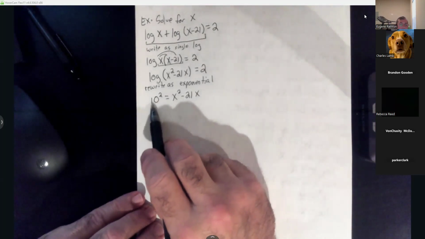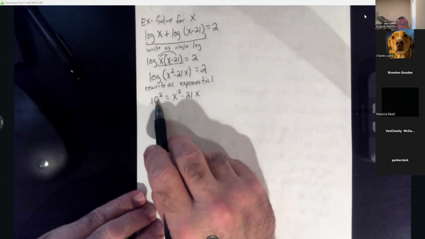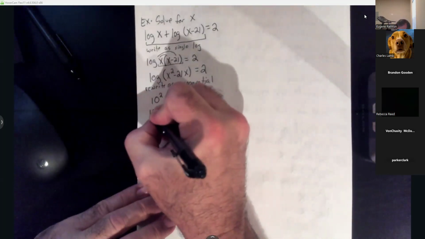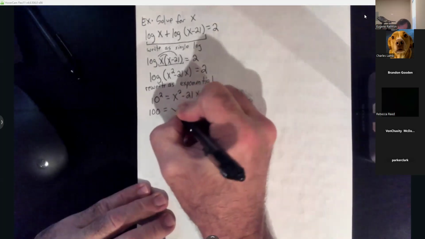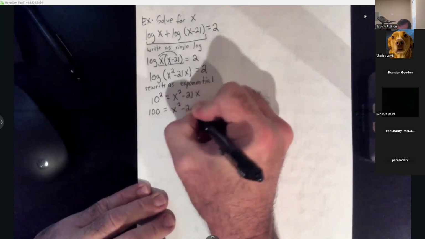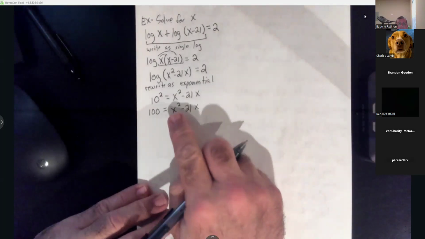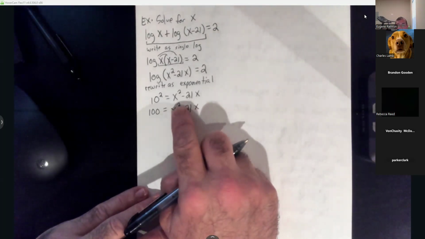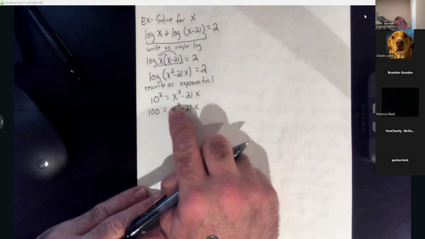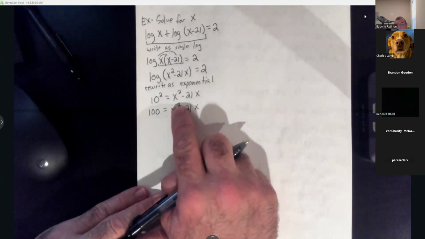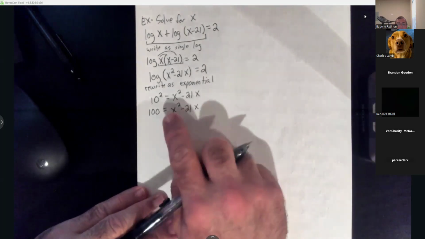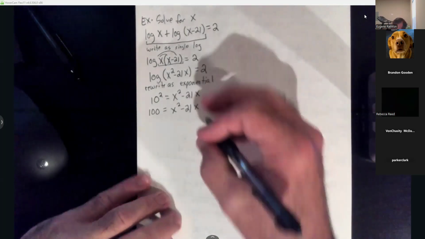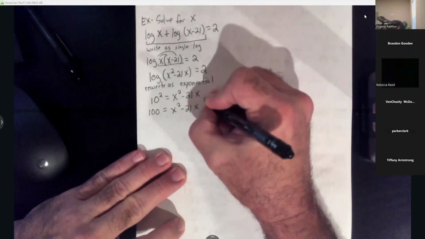All right, so we figure out what this is. We know what 10 squared is: 100. So that's going to equal x squared minus 21x. So check this out. This one's quadratic. So anytime we have a quadratic type equation, we need everything on one side equal to 0.